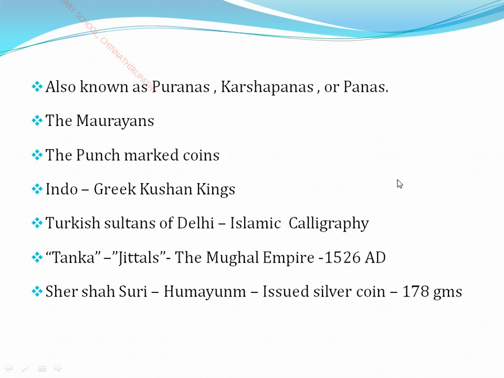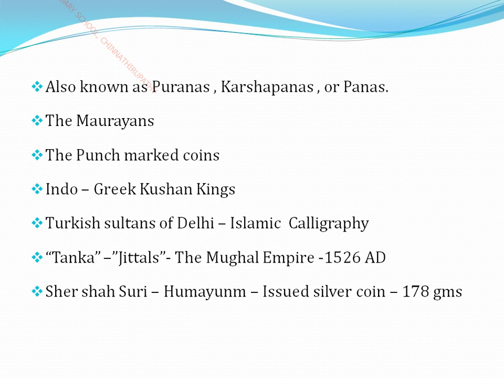The Mauryans came up with punch-marked coins, where punched means a hole made upon a coin. These were minted in silver, gold, copper or lead. And the Indo-Greek and Kushan kings also introduced coins with the custom of engraving portraits on them.